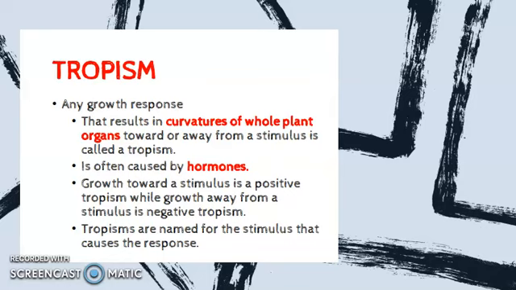If the plant organ moves toward a stimulus, then it exhibits positive tropism movement. If the plant moves away from the stimulus, this kind of movement we call negative tropism movement. The growth response for the plant when it produces tropism movement is governed by one hormone molecule that is present in plant tissue.